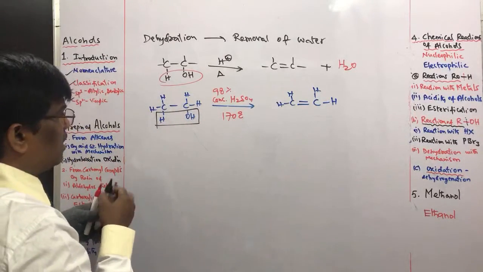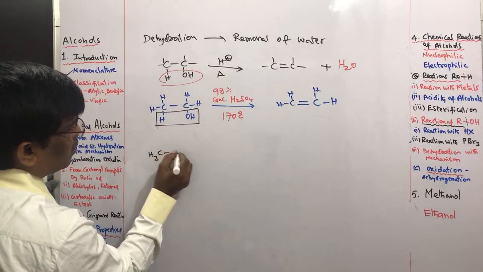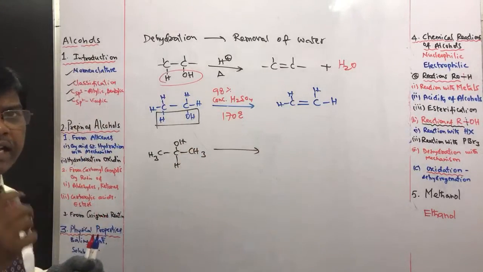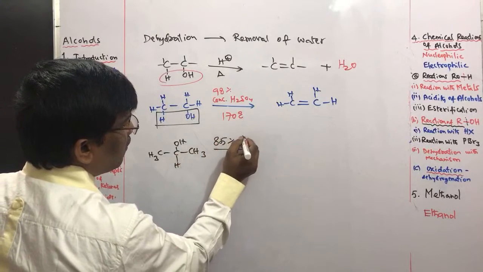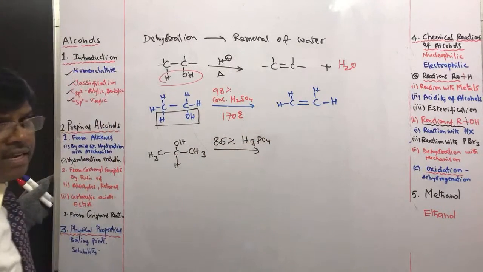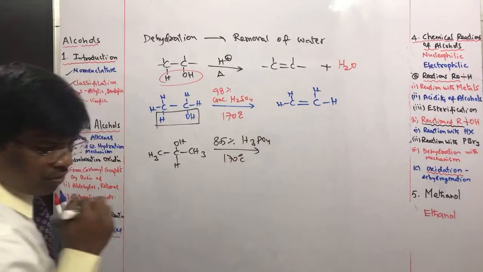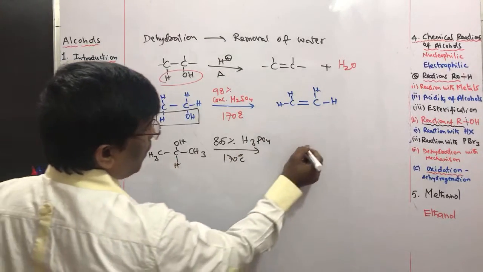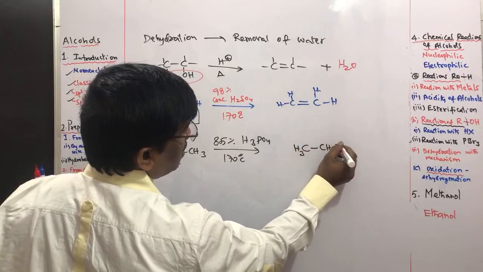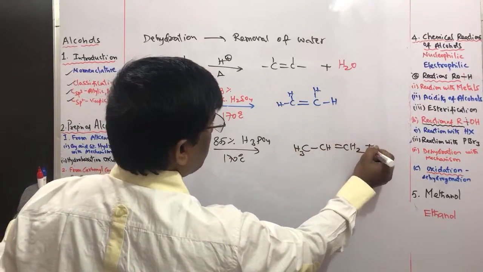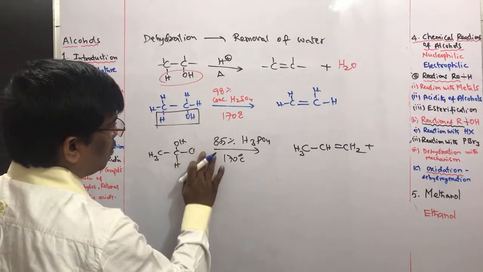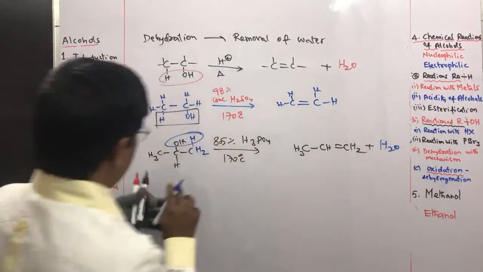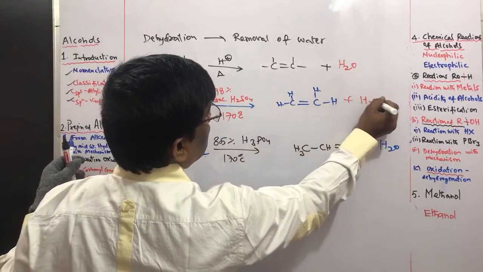For example, if I take isopropanol, it requires milder conditions where I can use 85% H3PO4 as the acid, and the temperature, no doubt, I can use 170 degrees centigrade, and it is also going to give propene, CH3-CH=CH2, plus it is going to lose hydrogen and OH, going out as water.